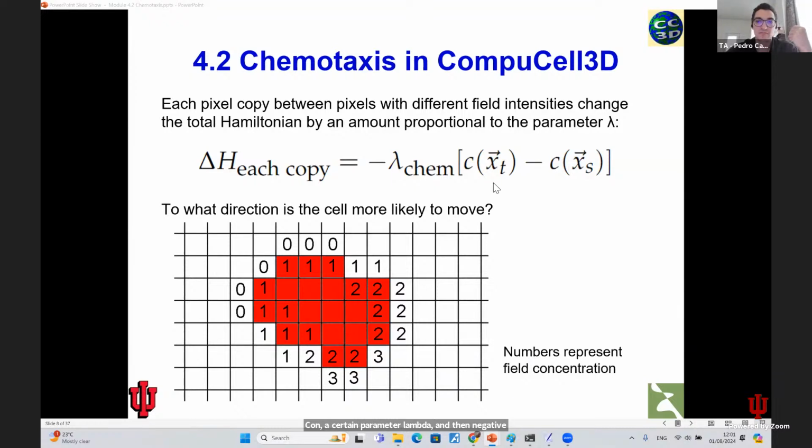Now everything here is a negative number, which means our energy variation is negative. So in the Potts algorithm, this is a favorable copy. So with this formula, going up gradient is favorable. Is that clear?